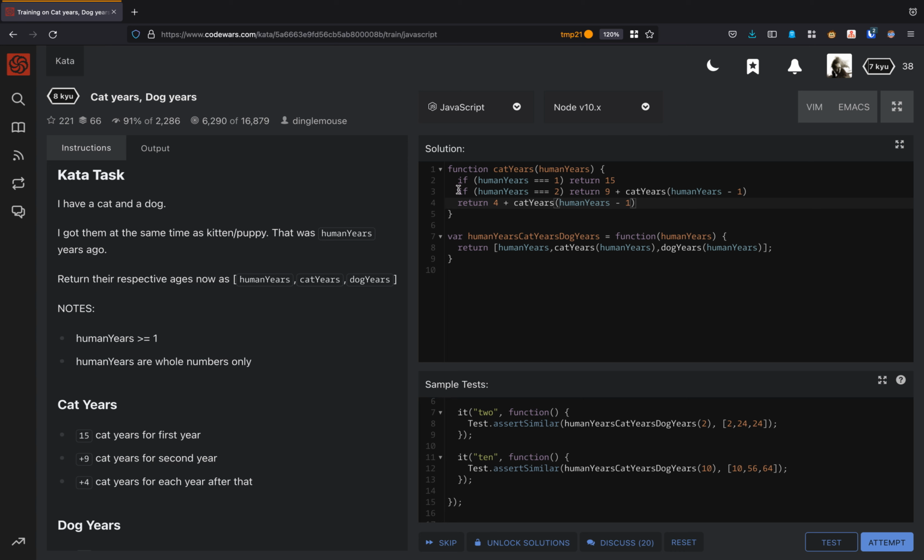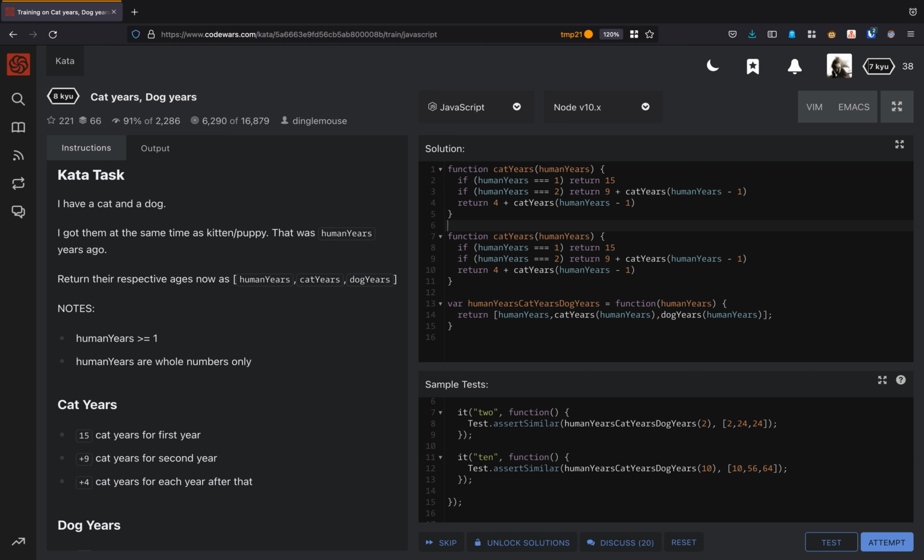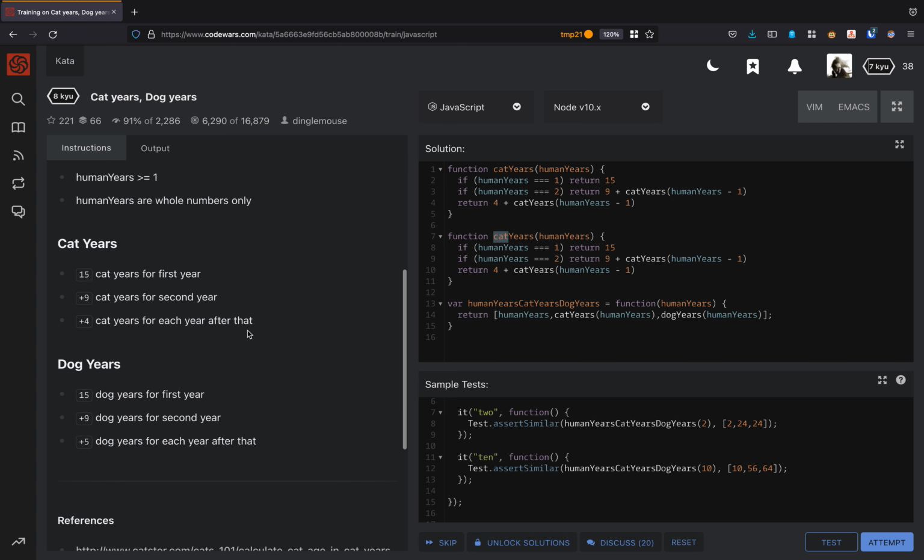It will do the 4 plus the next iteration all the way until it's 2, when it will return the 9 plus cat years of human years minus 1, which is 1 human year, so that's 15. So these should already work. And if you have ever done Lisp, for example Clojure, I think this kind of way of thinking is pretty common in those circles.